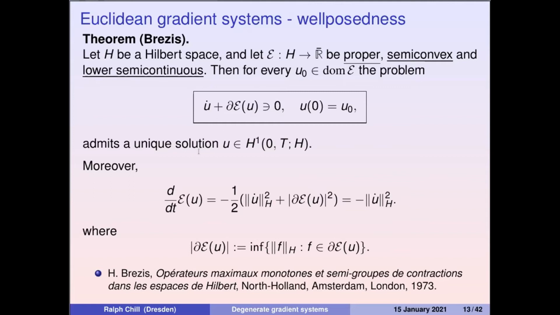And what is also important is the energy along the solution. So when I compose E with a solution, this gives a differentiable function, and the time derivative is negative. So the energy is decreasing along solutions. And here appears the norm of the subgradient, which is actually a set.